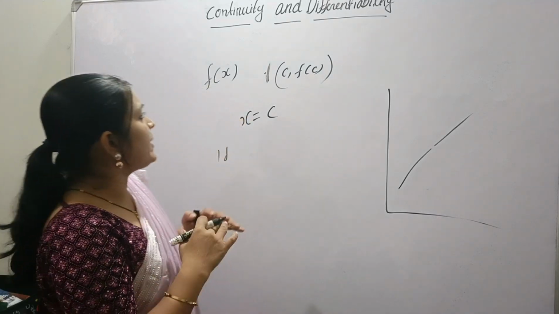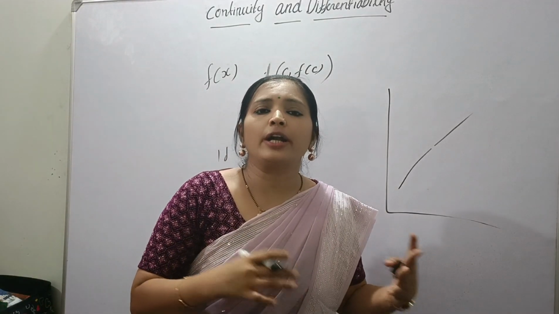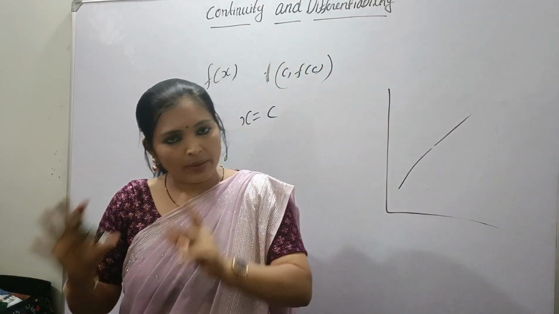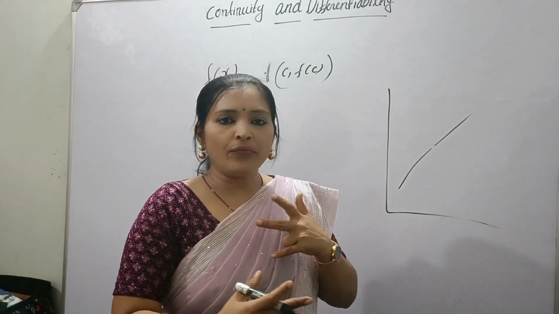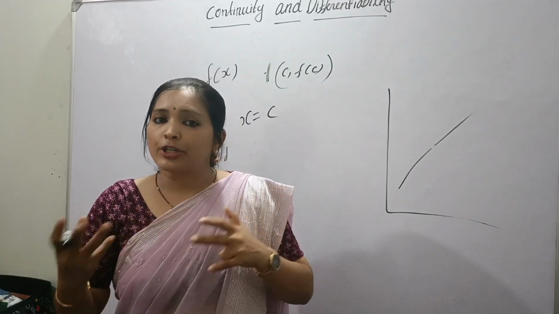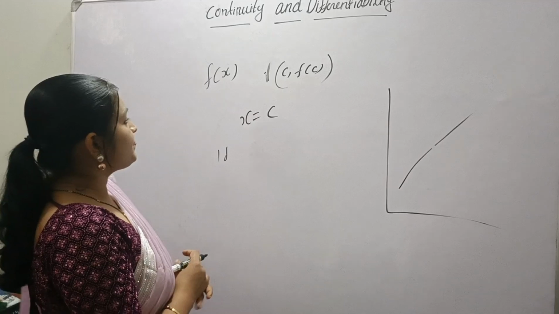So just understand the definition. Here we will study a continuous function at some point, on some interval, and in the real line. So how do we determine if the given function is continuous at a point, at some interval, or in the real line? Now let's see.